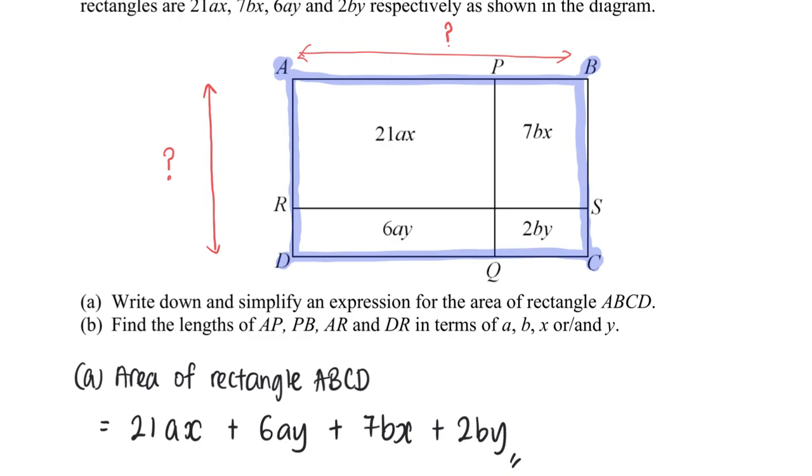We always remember that to find the area of a rectangle or a square is length times breadth, right? So AD times AB equals the area.